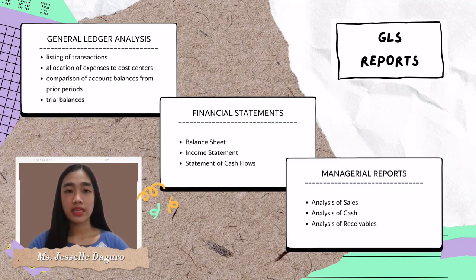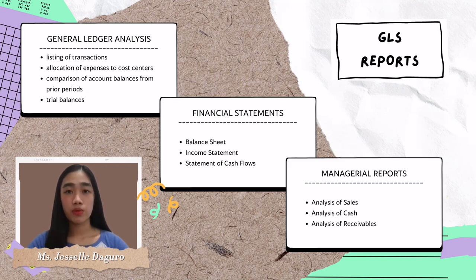In the practice setting, general ledger analysis is usually done by the accountants for them to be able to identify what transactions cause the accounts to move, as well as to be able to detect if there are items or transactions recorded in an account that should not be recorded there. So that is one report that can be produced by the general ledger system.